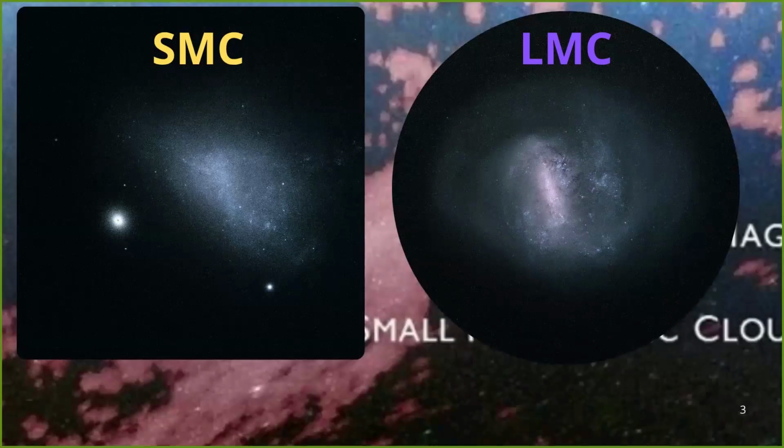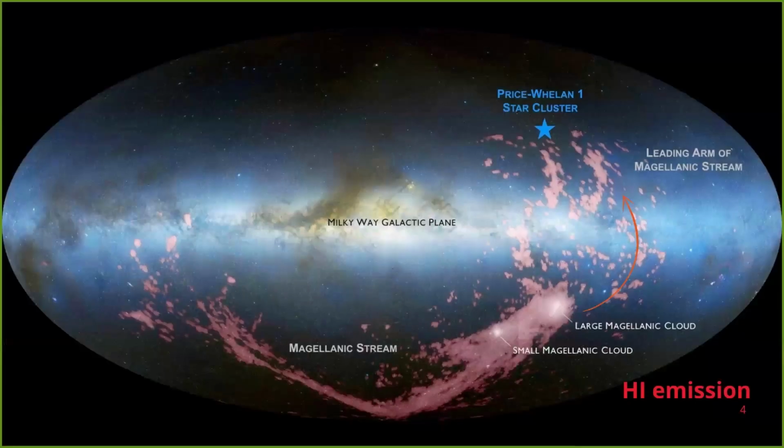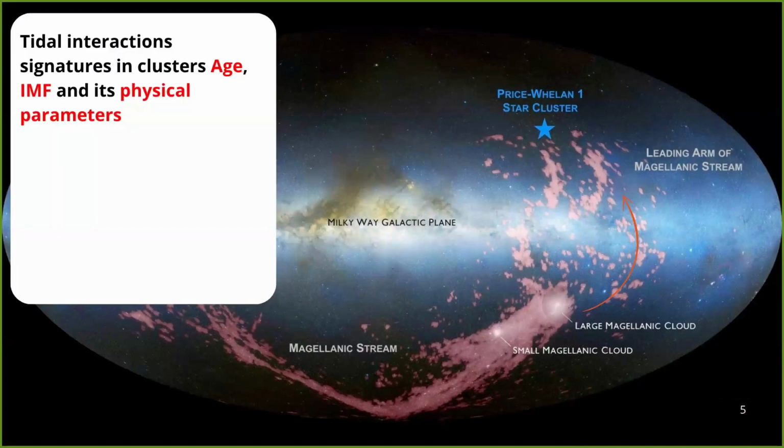Both galaxies have a common background, and they are part of a larger structure that is also known as the Magellanic system. This can help us answer questions about the history and interaction between those galaxies.